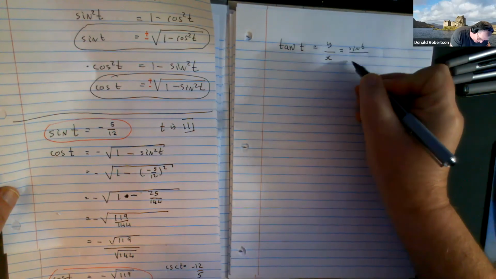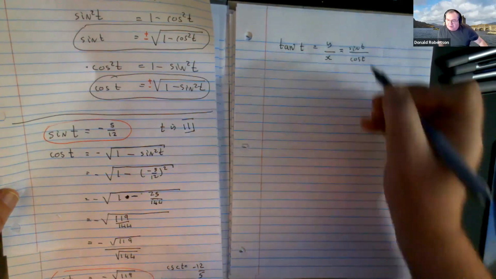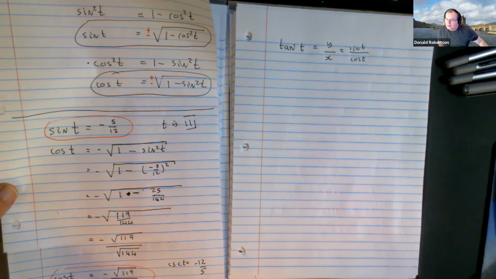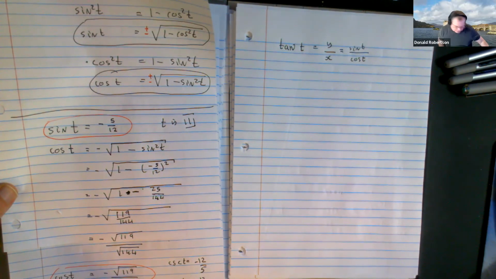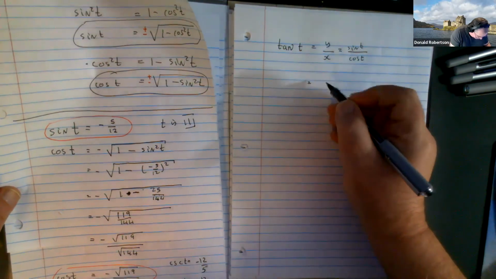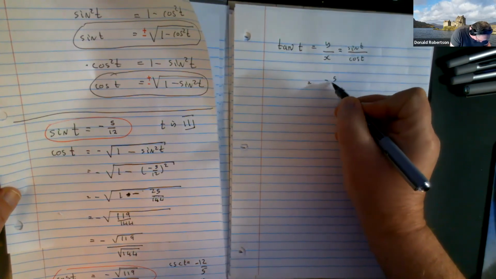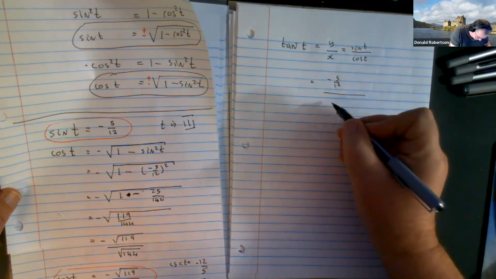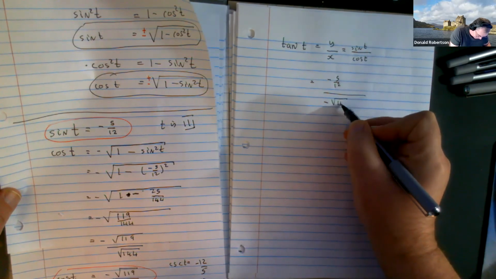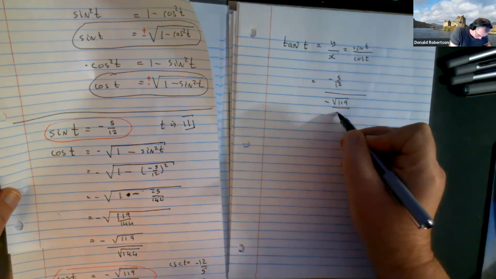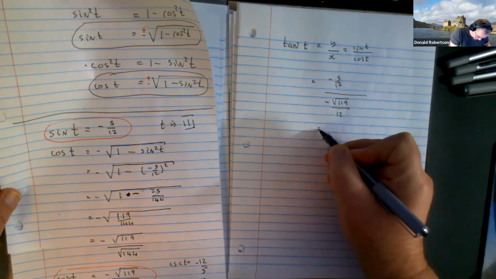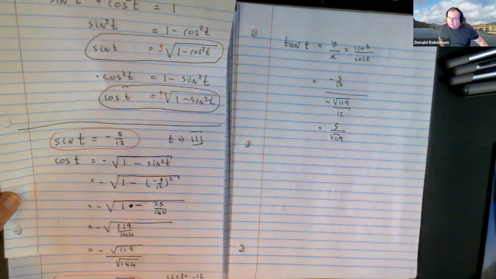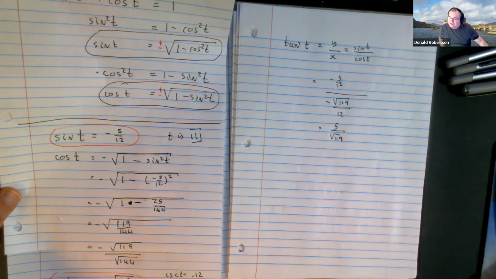Are you happy that the tangent of t can be found by just taking the sine and dividing it by the cosine? You comfortable with that? And since I know what the sine is, it's negative 5/12. And I know what the cosine is, it's negative the square root of that over 12. And I can cancel the 12s and the negatives. Don't I end up with an answer that looks like that? Are you happy about where the tangent came from?